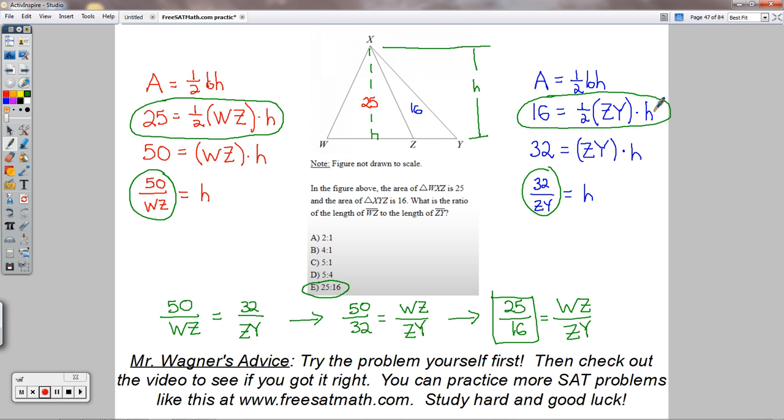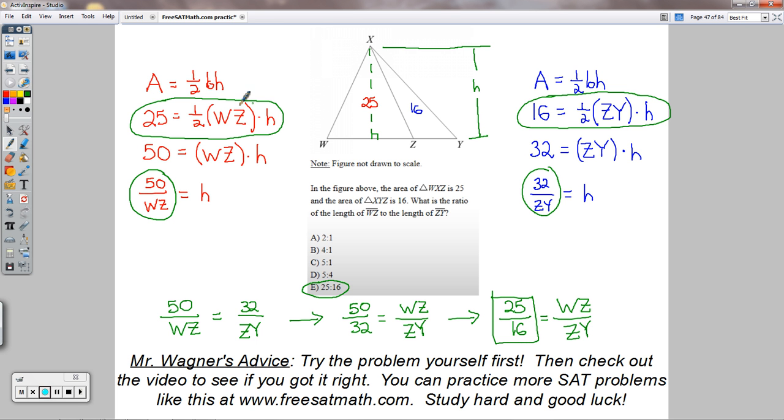It could be 1, it could be 2, it could be whatever, but the ratio of WZ compared to ZY would have to be 25 to 16 for this equation to hold up. It could be 50 to 32. It could be 75 to 48, that would be 3 times bigger than this. But that same ratio would have to hold.